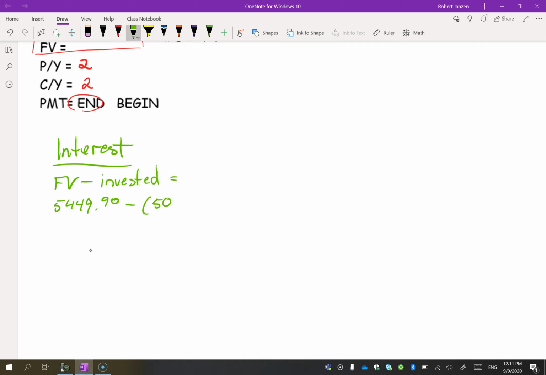Well, she put in $500 twice a year for 5 years. So we're going to get 5,000 that she's put in, meaning she had $449.90 given to her in interest.